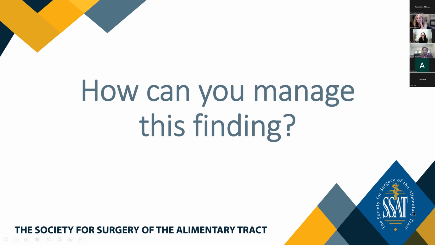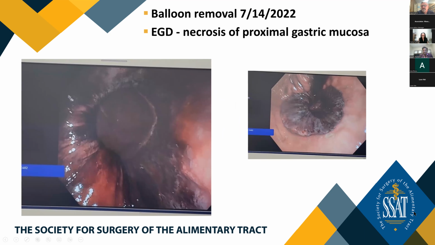And if she's doing okay, you're really questioning, is this transmural necrosis versus just the inner lining of the stomach, and maybe this will get better in the course of time. It's hard to tell with the picture on the left, but the picture on the right looks more like just necrosis in the inner lining. Yeah, that's what I have.